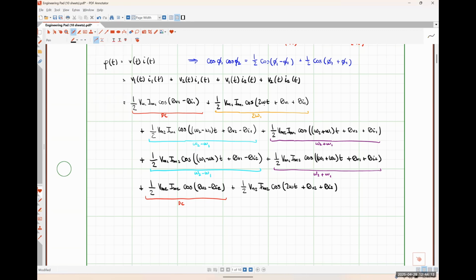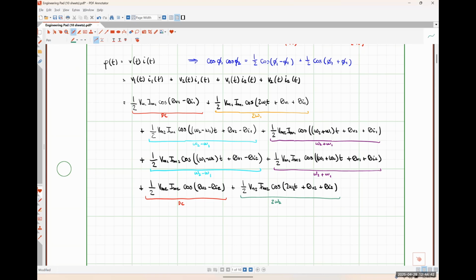Sorry, I neglected to put an omega 1 right there, and it looks like I forgot to put an omega 2 right there. Sorry about that. And then let's do this one in this green color. This term is oscillating at a frequency of twice omega 2.